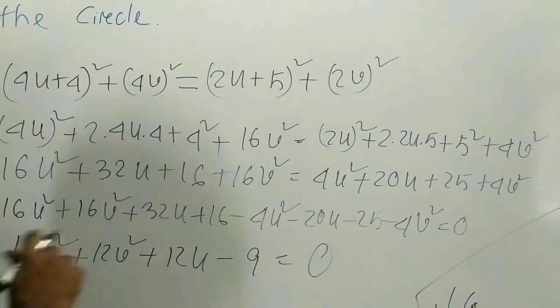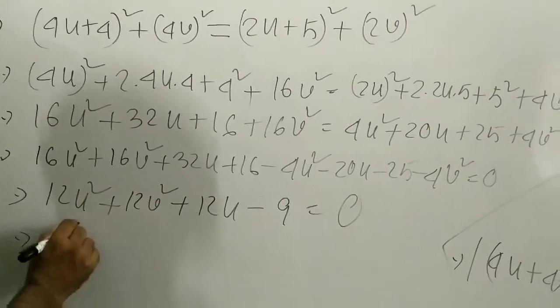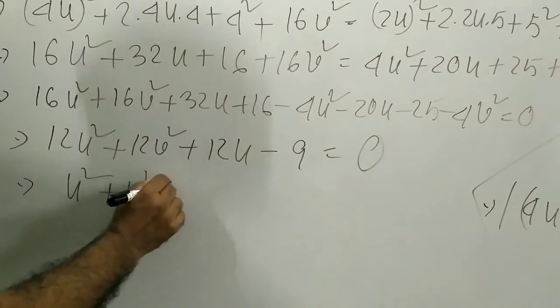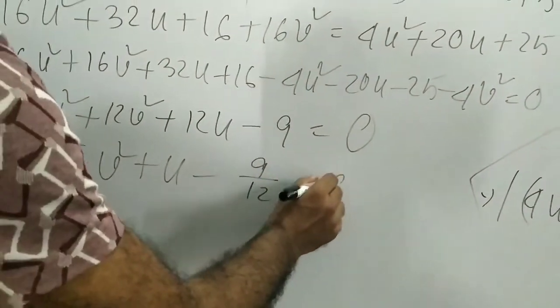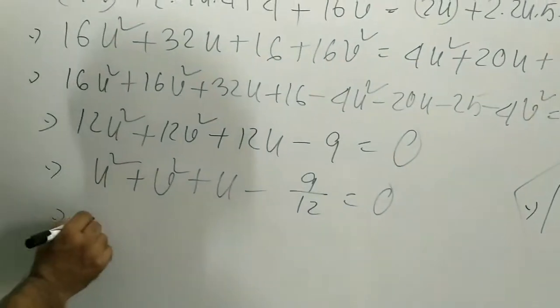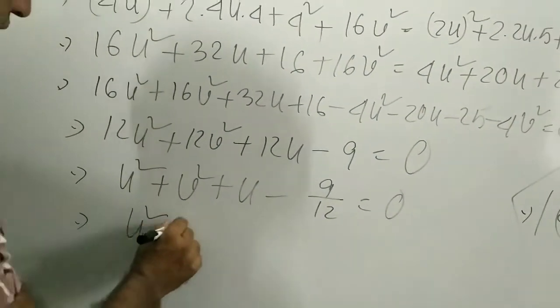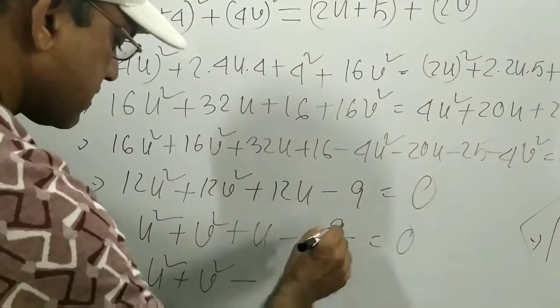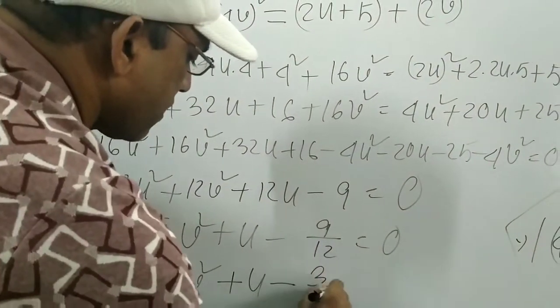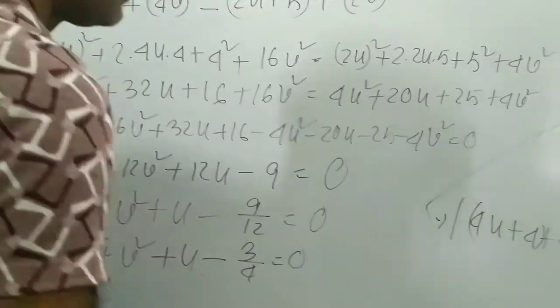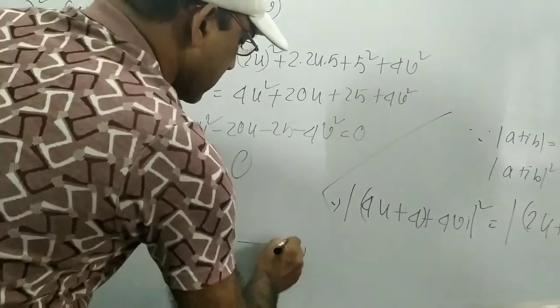Dividing both sides by 12: u square plus v square plus u minus 3 by 4 equal to 0. This is equation number 1.